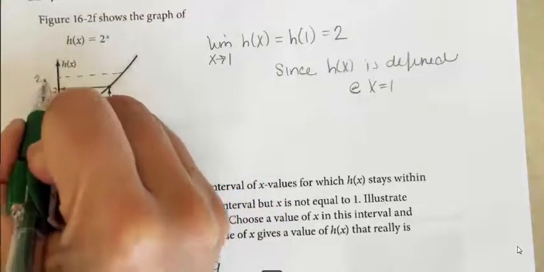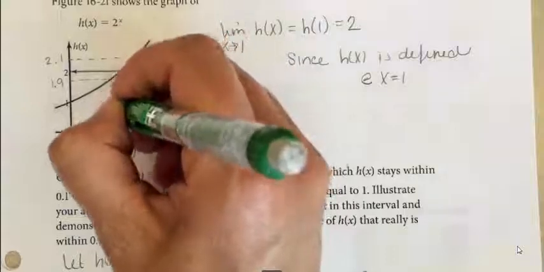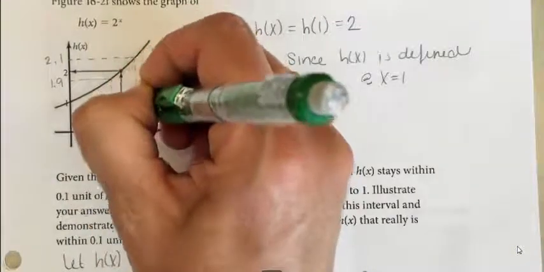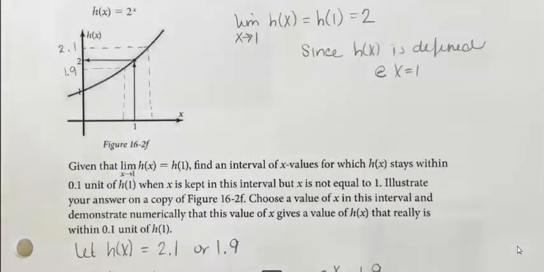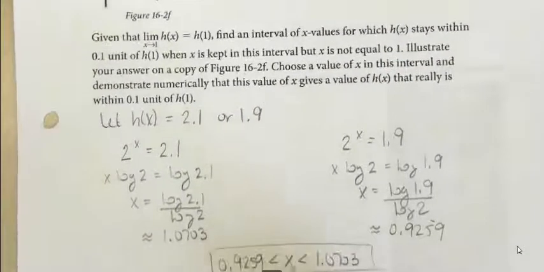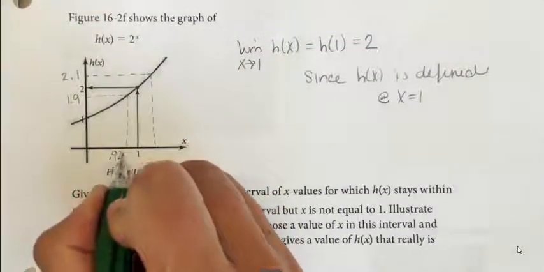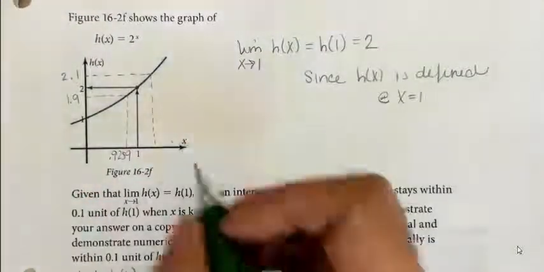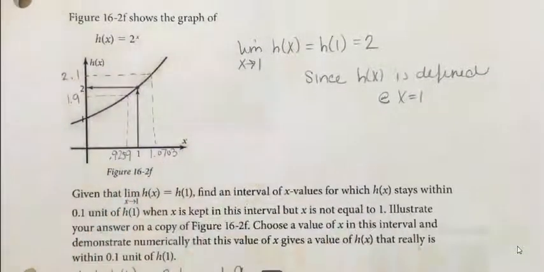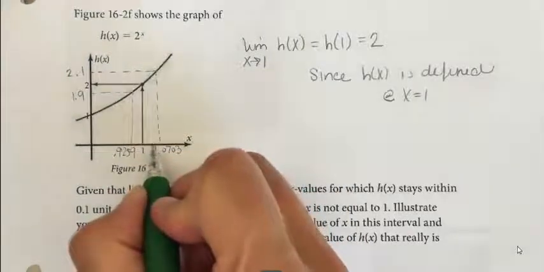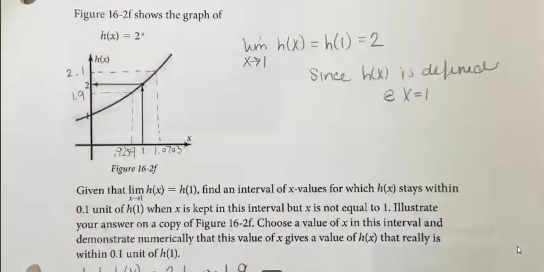This is 2.1. And now those numbers correspond with different x values, and those x values we solved for. They were 0.9259 or 1.0703. And then I chose something approximately right here, and it corresponded with something just right above 2.